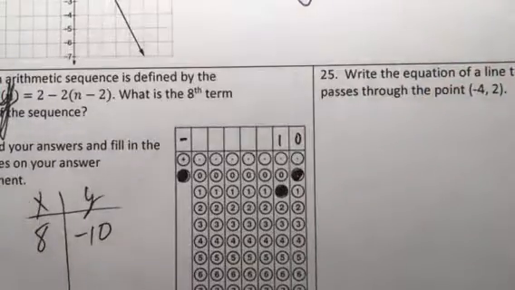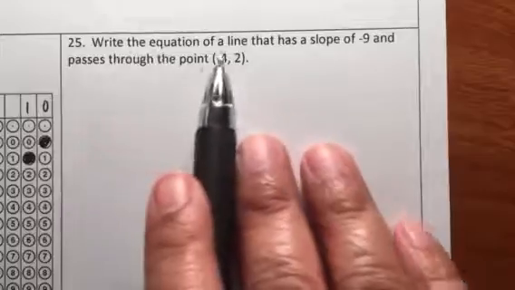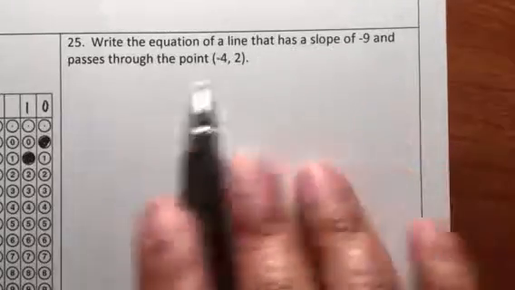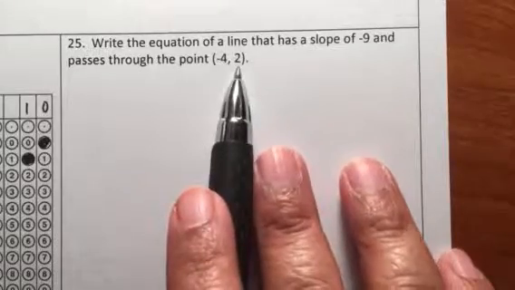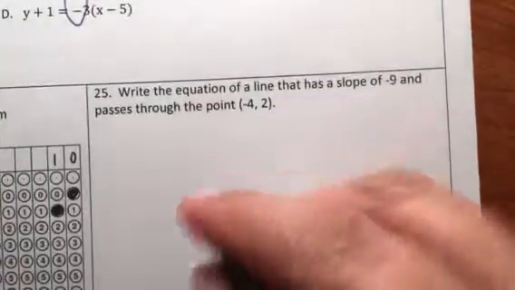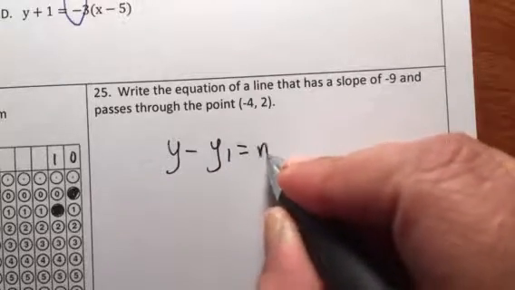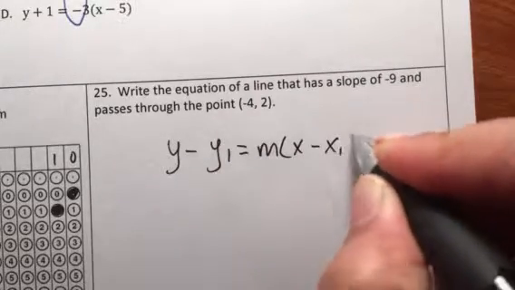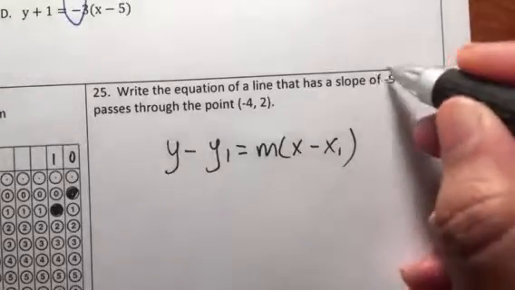All right, last problem. Okay, so you're going to write the equation of the line that has a slope of -9 and passes through the point -4, 2. So now what we're going to do is plug in what we know.